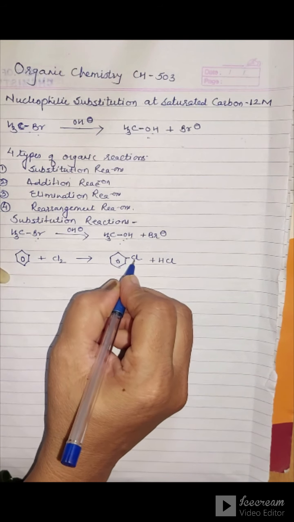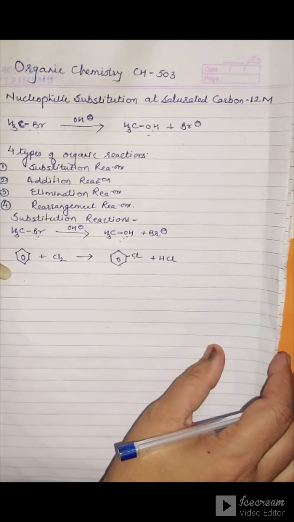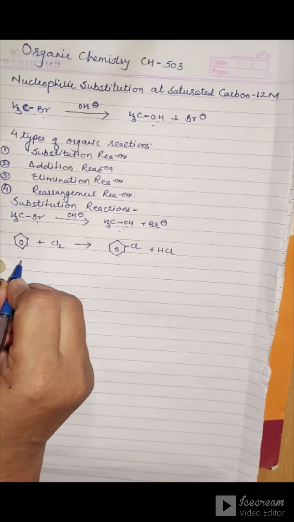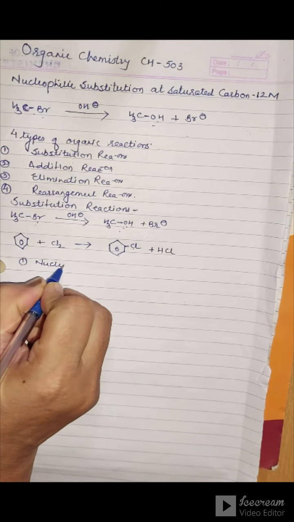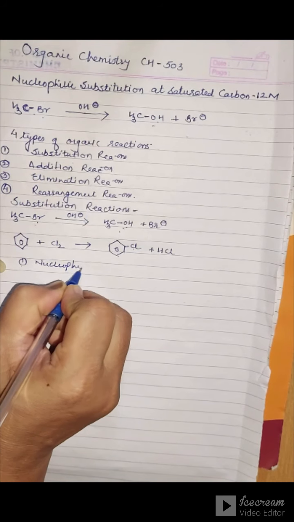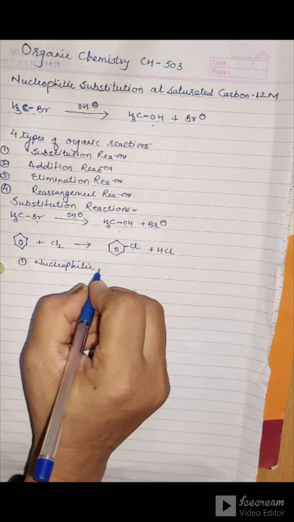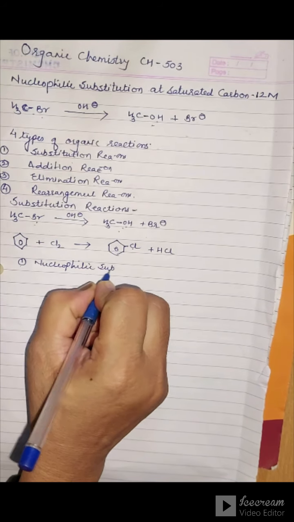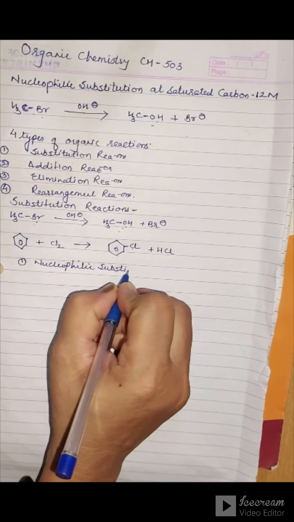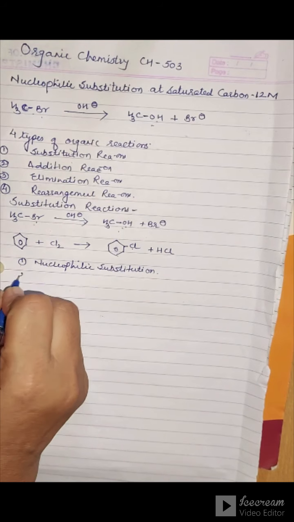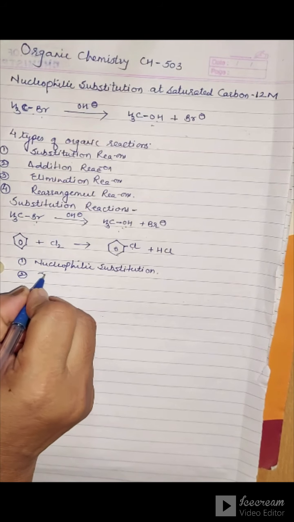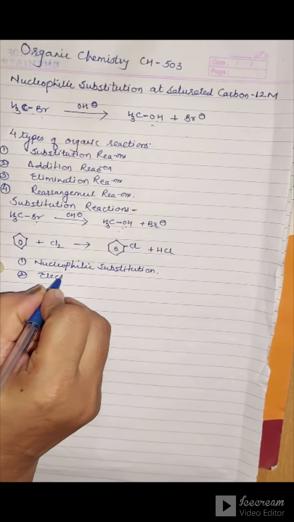So this is another example of substitution reaction. There are 2 types of substitution reaction. The first type is nucleophilic substitution. And another type is electrophilic substitution.